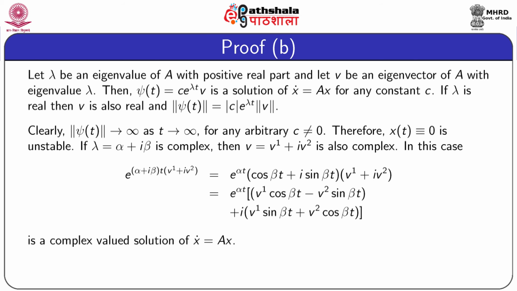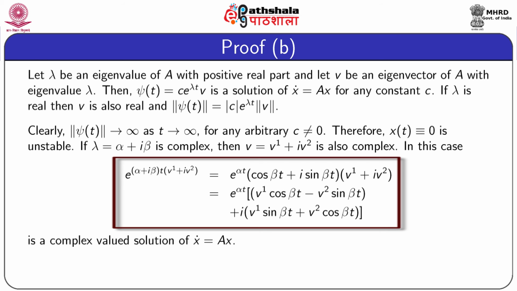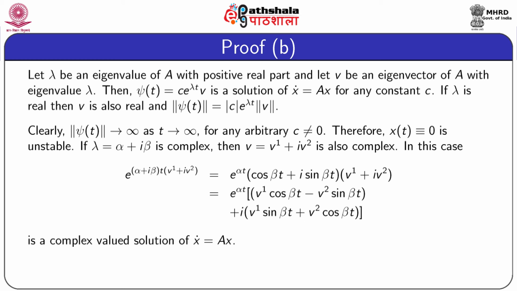In this case, e^((alpha plus i beta)t) times (V1 plus i V2) is equal to e^(alpha t)(cos beta t plus i sin beta t)(V1 plus i V2), which can be written as e^(alpha t)[V1 cos beta t minus V2 sin beta t plus i(V1 sin beta t plus V2 cos beta t)], a complex valued solution of x dot equal to Ax.